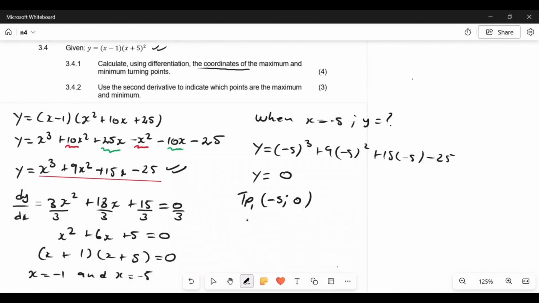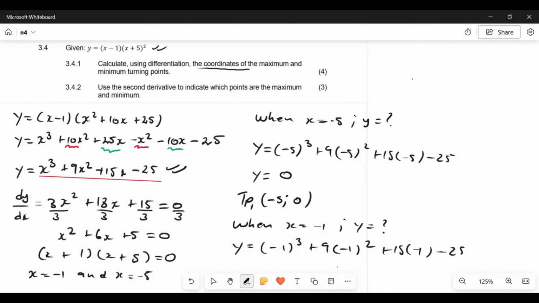Now, let's find the next turning point when our x is -1. What is the y coordinate there? We do the same thing that we did before, but this time we substitute with -1 wherever there is x. So the second term we have 9 multiplied by -1 squared. The third term we have 15 multiplied by -1 minus 25.